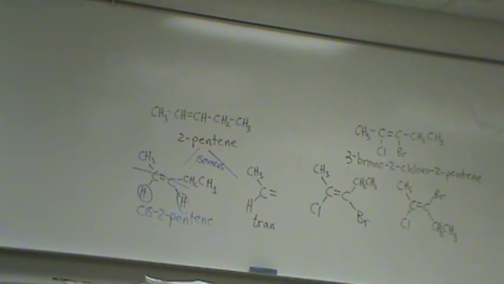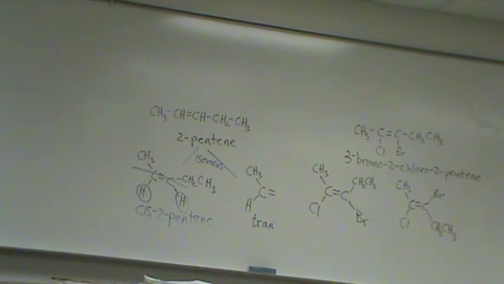Okay, so there's the 2 isomers for our molecule, 3-bromo, 2-chloro, 2-pentene.